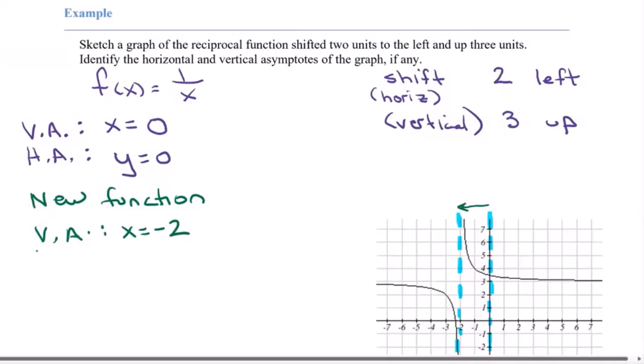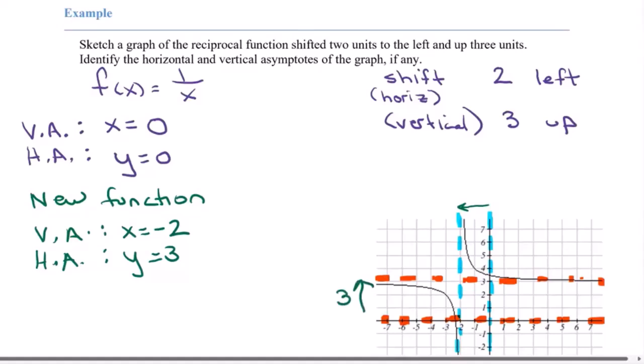Our horizontal asymptote, which started as y equals 0, is now shifting up 3, 1, 2, 3. So it now is at y equals 3. Notice it's shifting up by 3.